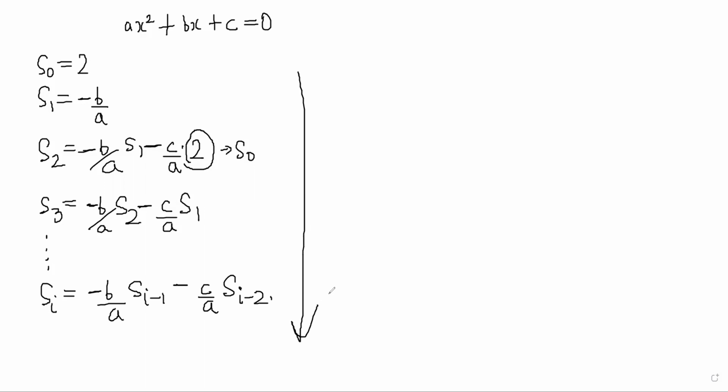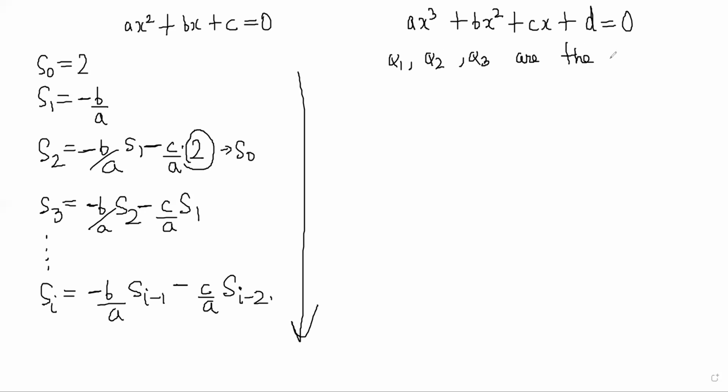A similar type of relationship exists for a cubic equation. So let's say we have a cubic like this, ax cubed plus bx squared plus cx plus d is equal to 0, and alpha 1, alpha 2, alpha 3 are the roots.